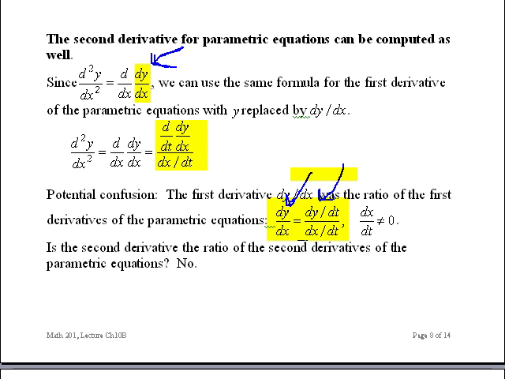You might think that the second derivative would be the ratio of the second derivatives of the parametric equations, and the answer is no, it is not that. In the numerator, you have, look at the pin here, the derivative with respect to time of the first derivative, and in the denominator, you have, again, dx by dt.